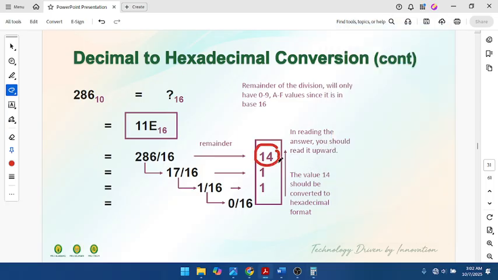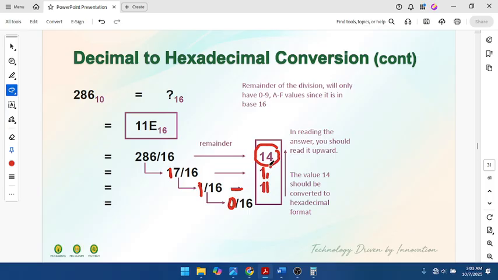Next, since the answer is 17, 17 divided by 16 is 1, with remainder 1. Then 1 divided by 16 is 0, with remainder 1. So now our answer is 1, 1, 14.